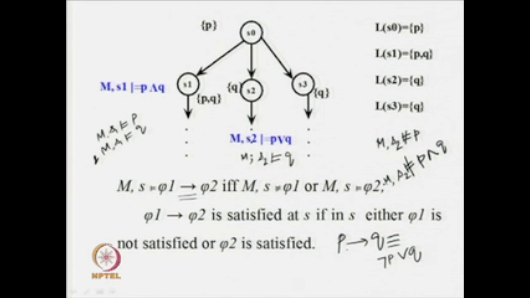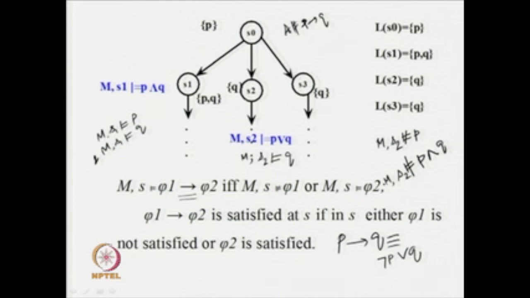So, in this particular case, if you look, P is true over here, but it is not marked with Q. So, this particular S 0 does not model P implies Q. But in these two states, S 2 and S 3, you will find that it is marked with Q, but it is not marked with P. So, P is false over here, but we will say that if P then Q, if P is false, we are least bothered about it.